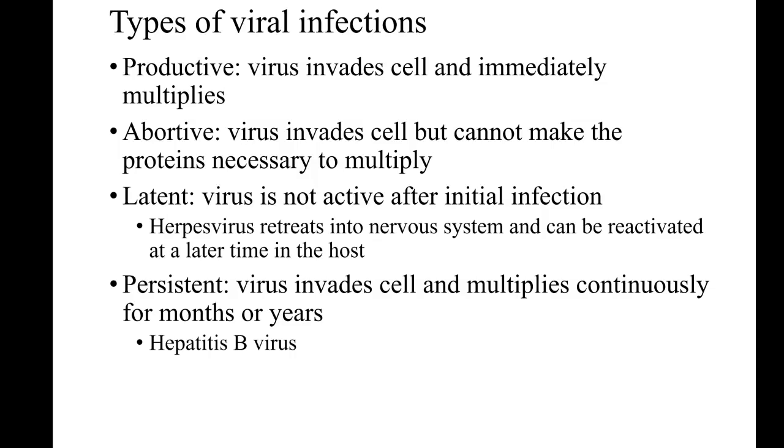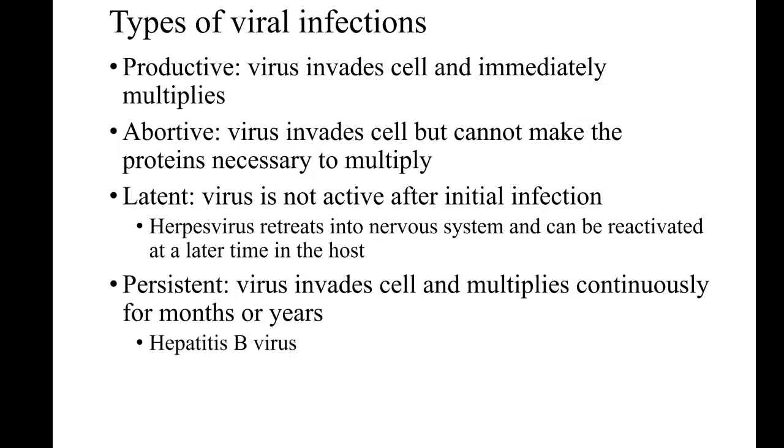I got into the plane, but now I can't fly it because I have no idea what I'm doing. So even though that virus was able to invade, it's not going to be able to replicate. So this would be an abortive viral infection. Now, as far as the host goes, this is going to be good because that virus is not going to be able to replicate.